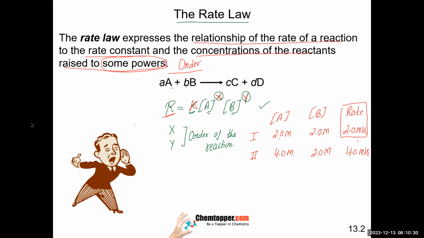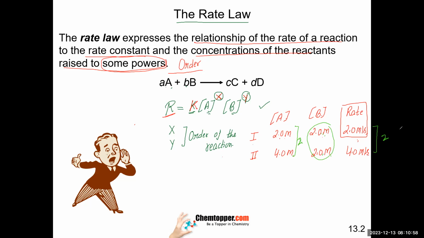Now, when I doubled the concentration of A, what happened to the rate? Doubled. See? But is B playing any role here right now? No, because it is constant, it's the same. So this doubling of the rate is due to doubling of the concentration of A.